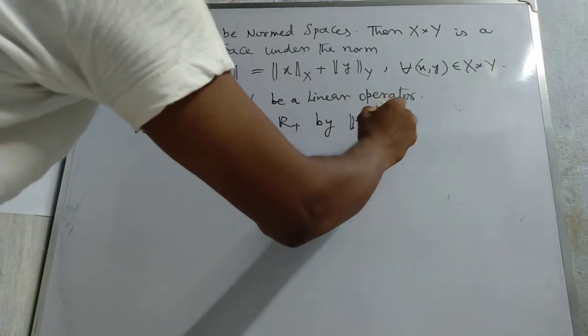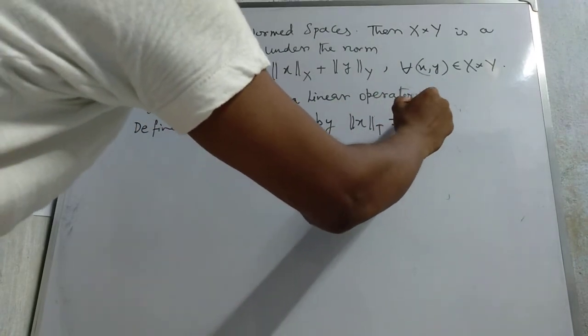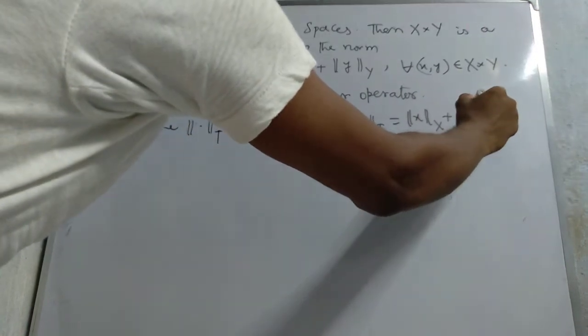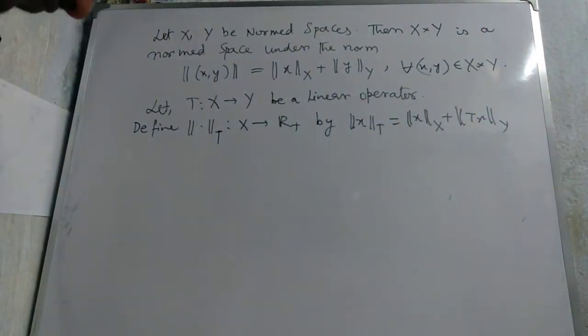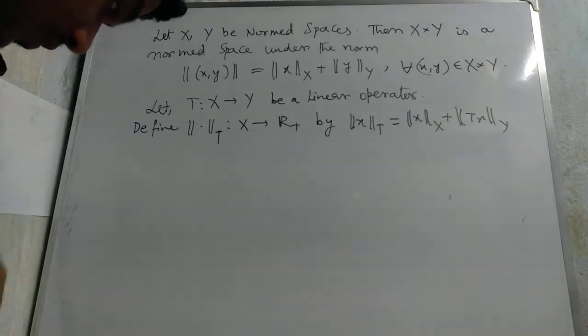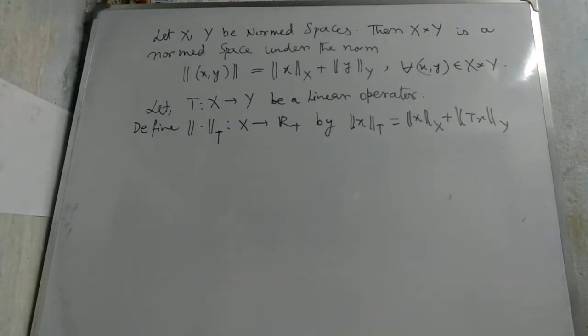Define the norm on X by norm of x under T equals norm of x plus norm of Tx.